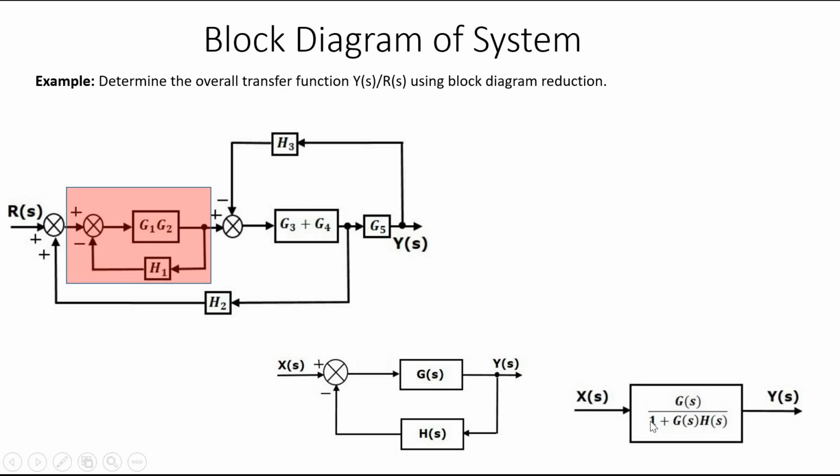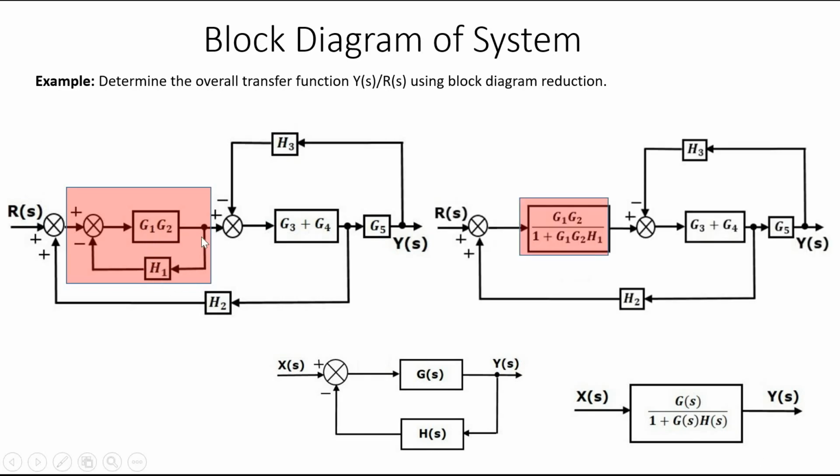The equation is G(s) divided by 1 plus G(s) into H(s). So here G(s) is G1 G2 and H(s) is H1, so it becomes G1 G2 by 1 plus G1 G2 into H1. So this feedback is reduced into a single block.